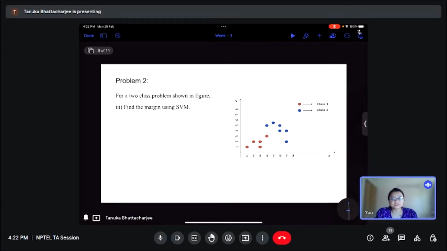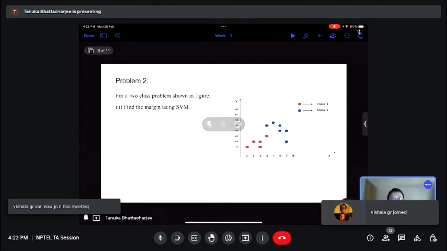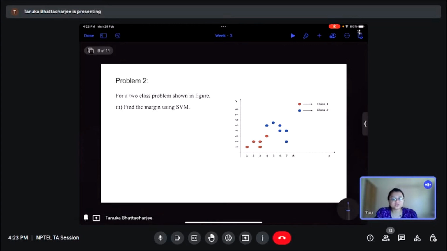Can anyone tell me what is the formula for margin depending on the W weight vector? So, if you are given the weight vector as W, what will be your margin?